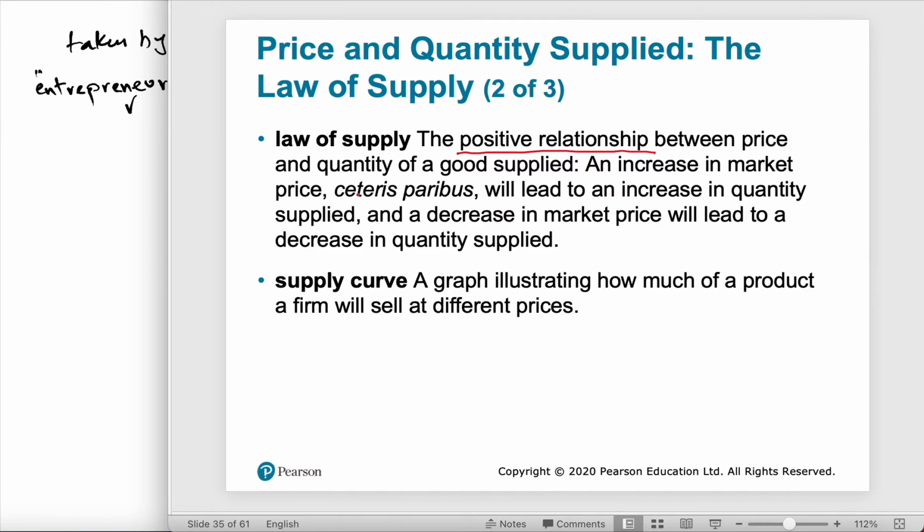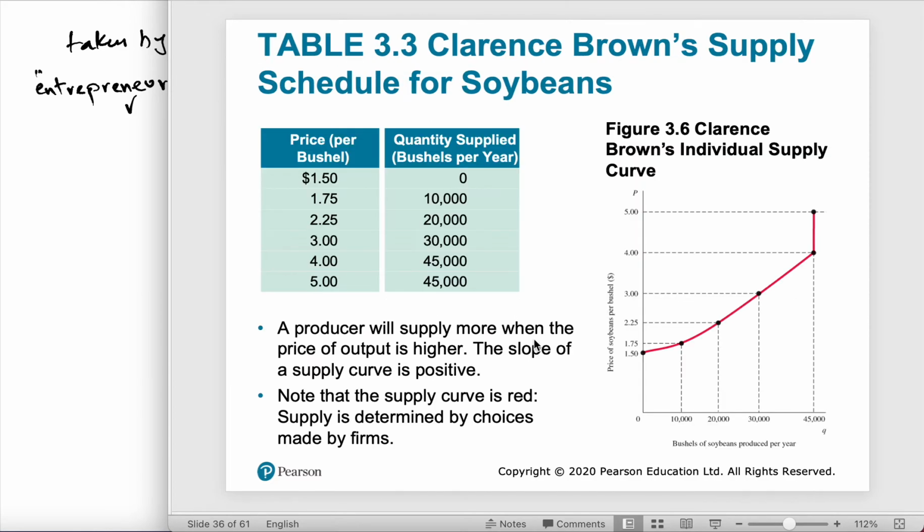An increase in the market price, everything else remaining the same, will lead to an increase of the quantity supplied, or vice versa, the negative one. This is known as the supply curve, a graph illustrating how much product a firm will sell at different prices, or the sensitivity of the quantity supplied if the price of the item keeps changing.